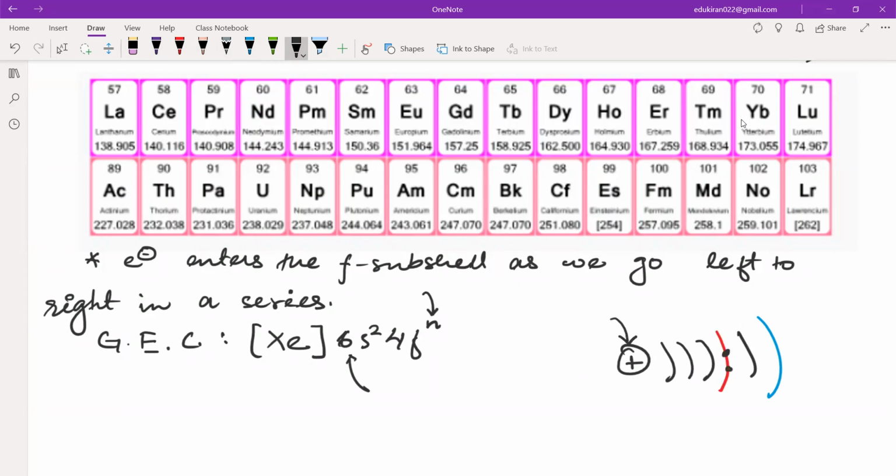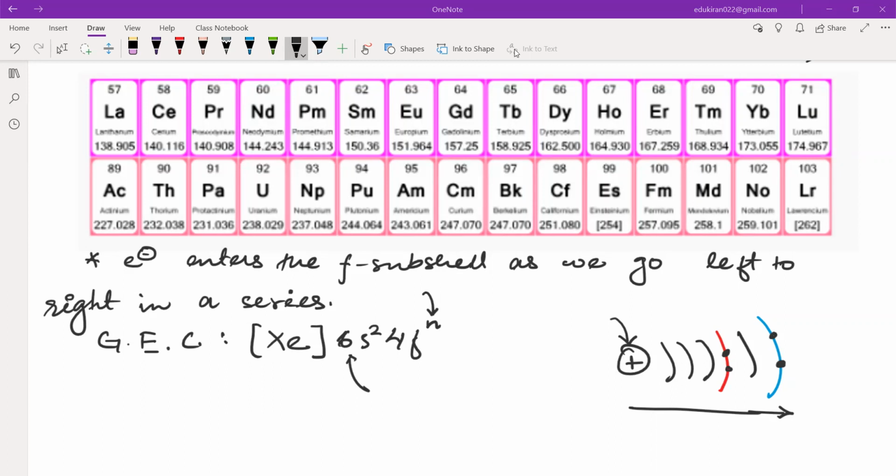We have here 2 electrons in 6s, and the sixth shell determines the atomic radius, not the 4f, because 4f is inside. 6s is the outermost shell.